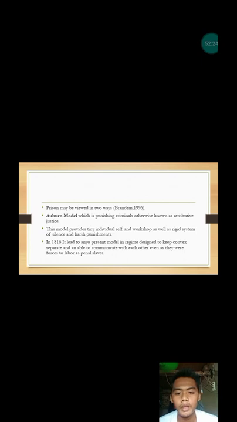This model provides solitary confinement and workshops as well as a rigid system of silence and harsh punishments. In the 1860s, it led to a prison model and regime designed to keep convicts separate and unable to communicate with each other, even as they were forced to labor as penal slaves.